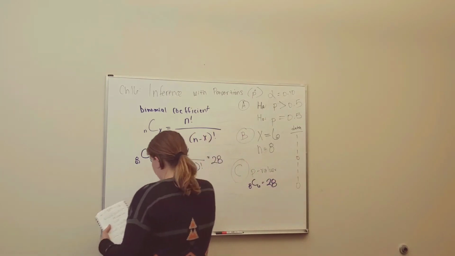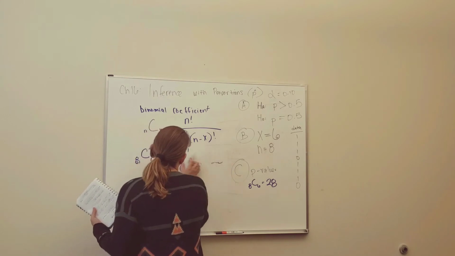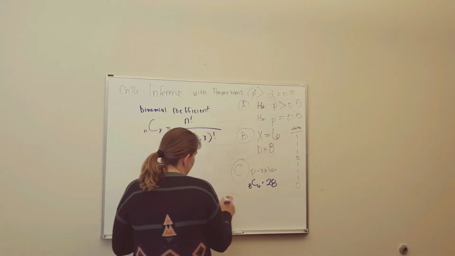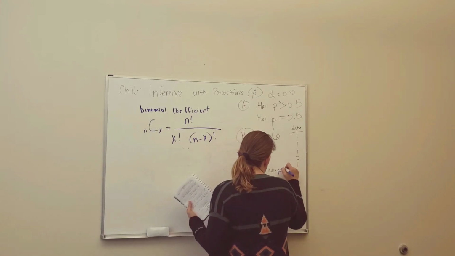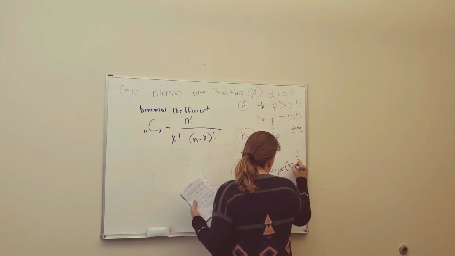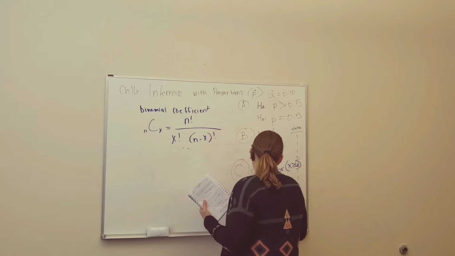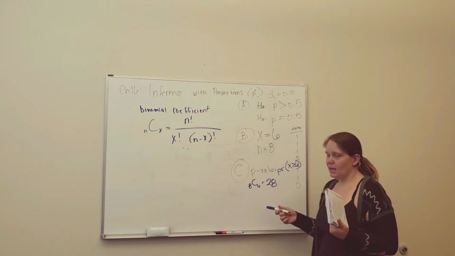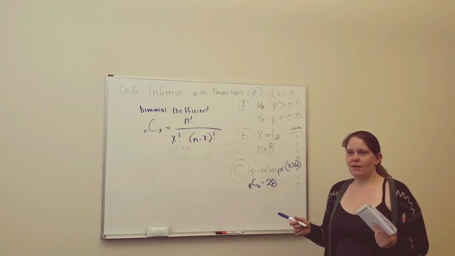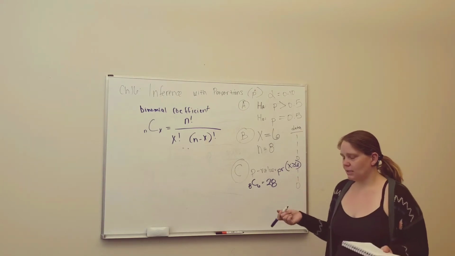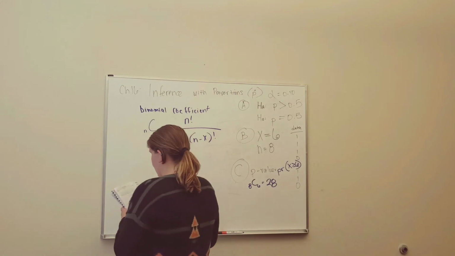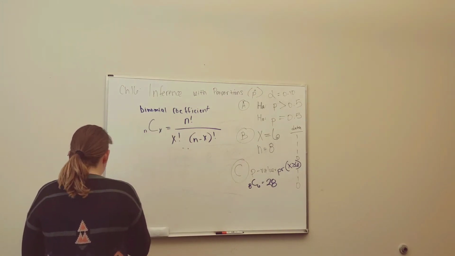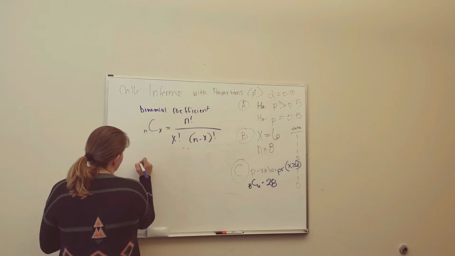But we're not done, because the p-value is the probability of x being greater than or equal to 6. So we have calculated the coefficient for x equaling 6, but now we have to do the same thing if x equaled 7 and x equaled 8. The same logic follows, and I'm not going to do all of it, but we'll just go ahead and do a short example.